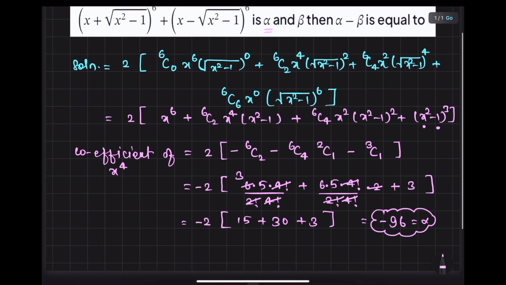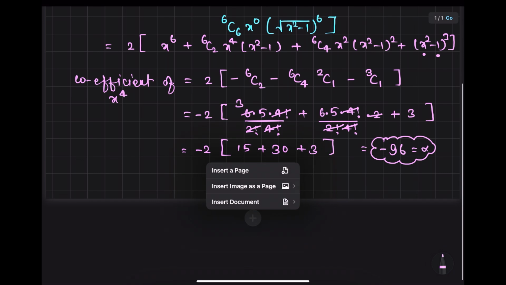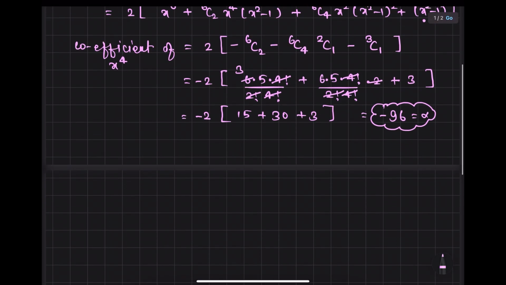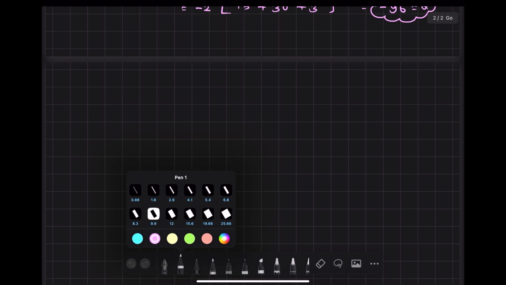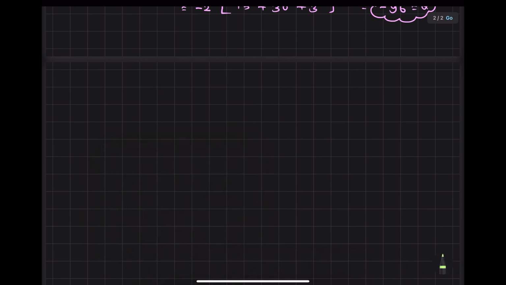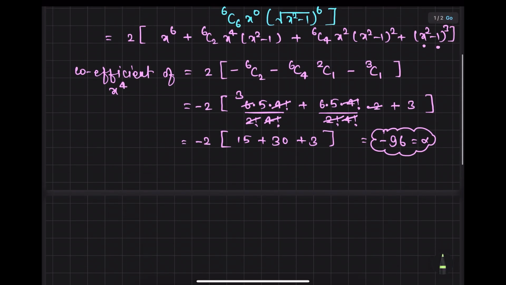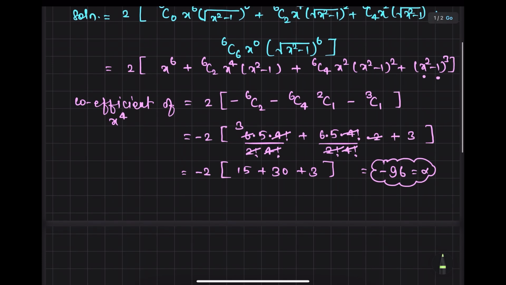Okay, now let's move on to find out the value of beta. So who is beta? It is the coefficient of x square, in the expansion of that.